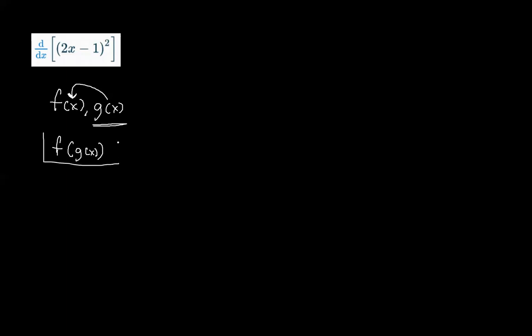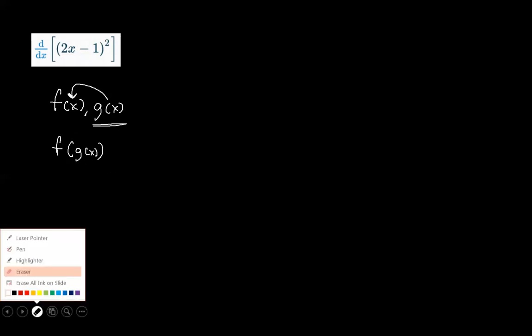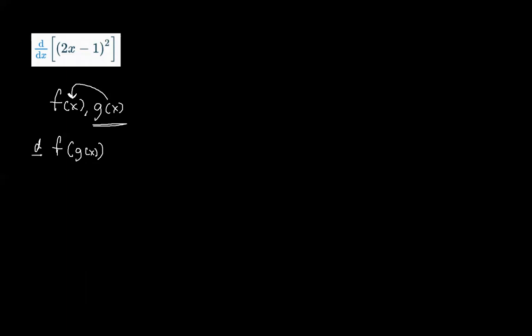Hence, we have f of g of x. Okay. So how do we differentiate, or get the derivative of f of g of x? Wait, hold on. My handwriting is not good. Forgive me. Okay. So how are we going to get the derivative of f of g of x?